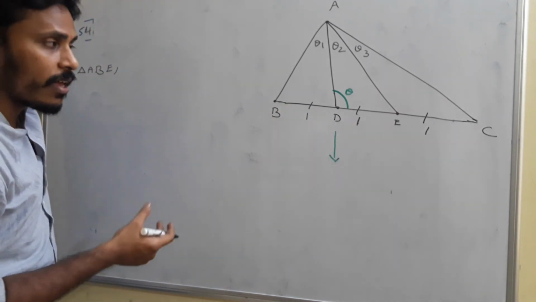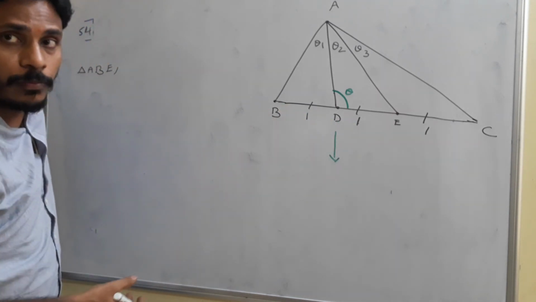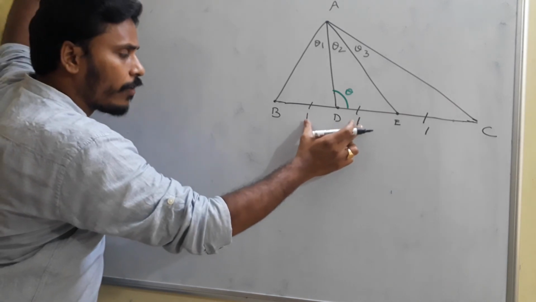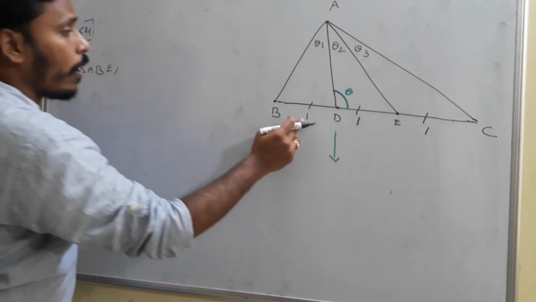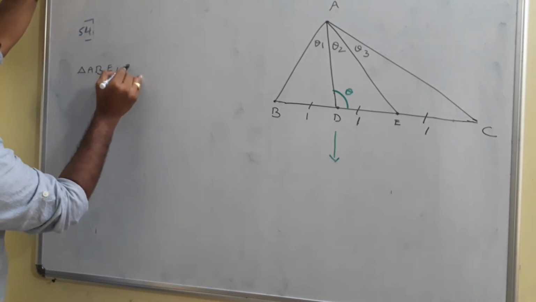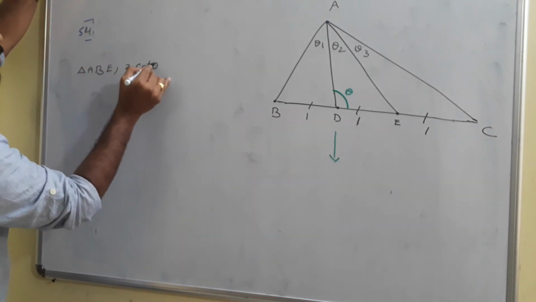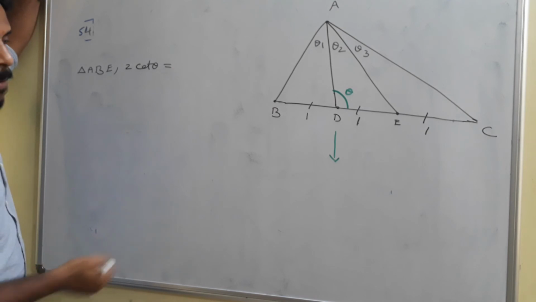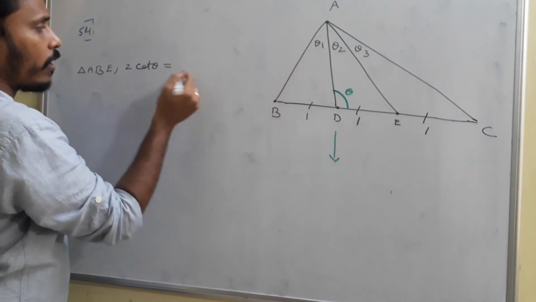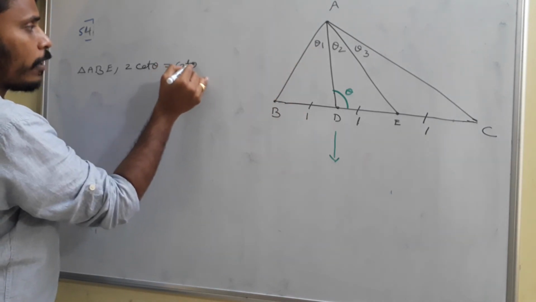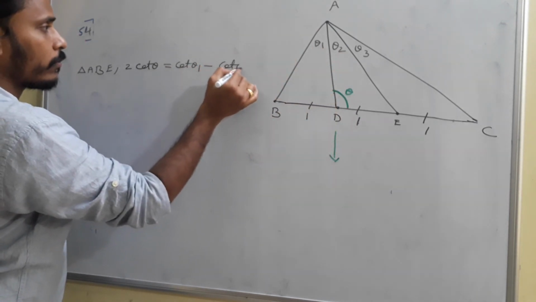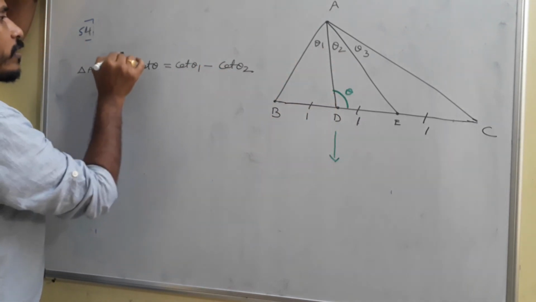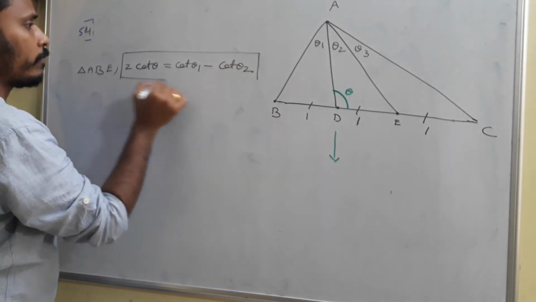So since they are equal, 1:1:1 ratio. First of all, we are observing these two. m is 1 and n is 1. m plus n, 1 plus 1, 2 cot theta is equal to m cot alpha minus n cot beta. So 1 into cot theta 1 minus 1 into cot theta 2. Just look there. This is the first statement from the m-n theorem.